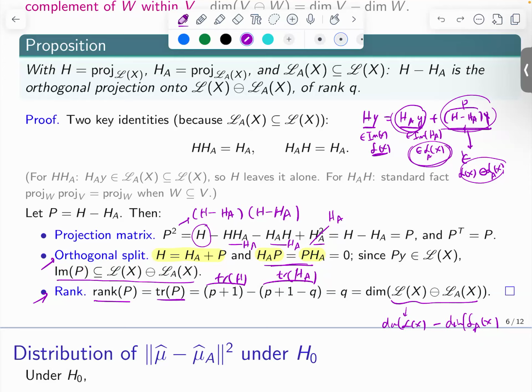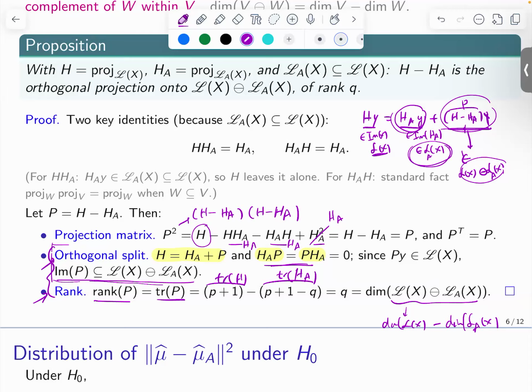But even if you don't do the rank calculation, the fact that we do this split is going to be enough. Anyways, just verify for yourself these two. From these two, you can argue.